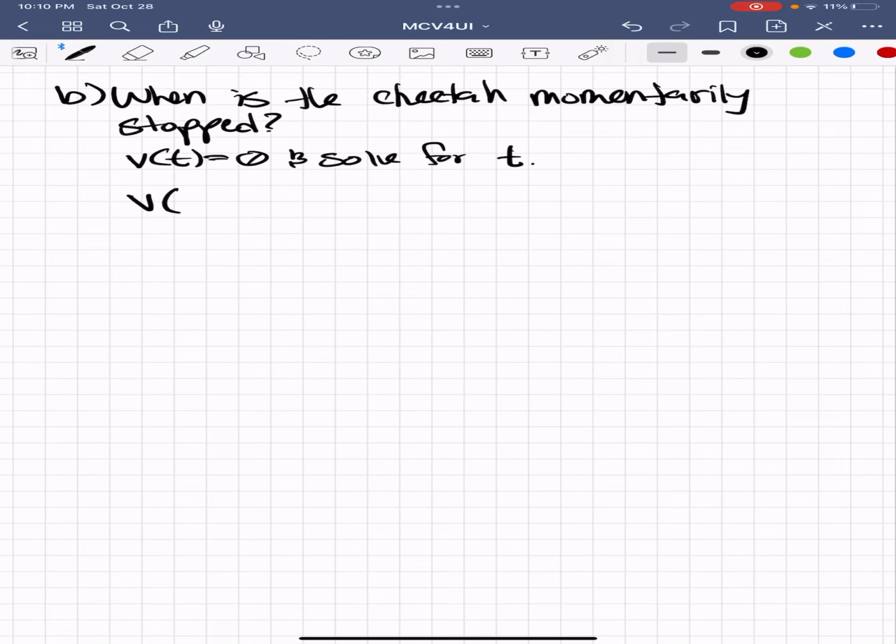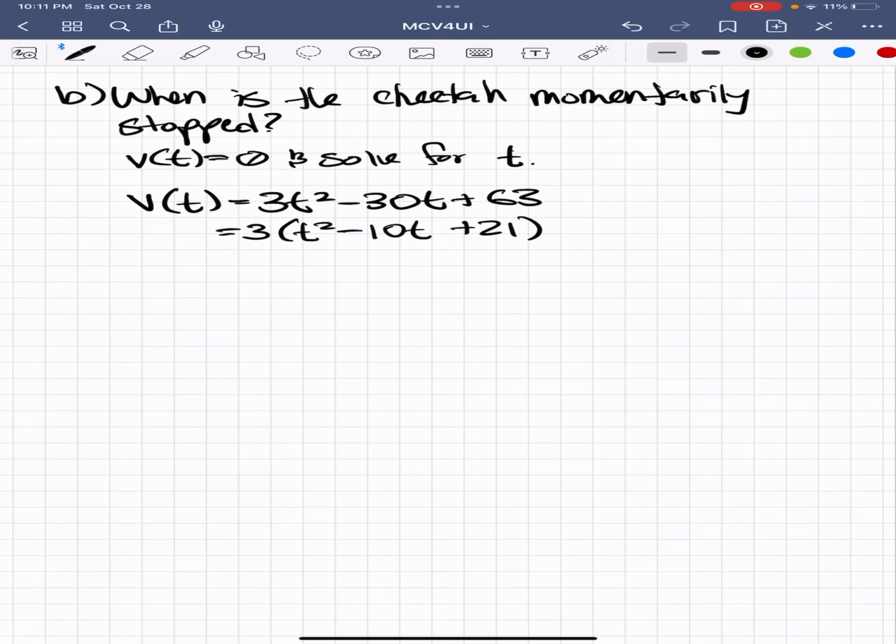And in this case, we're going to factor. Factoring's easy. We're going to take out this 3 because it is a common factor of 30 and 63. And then we're going to factor what's inside the brackets.